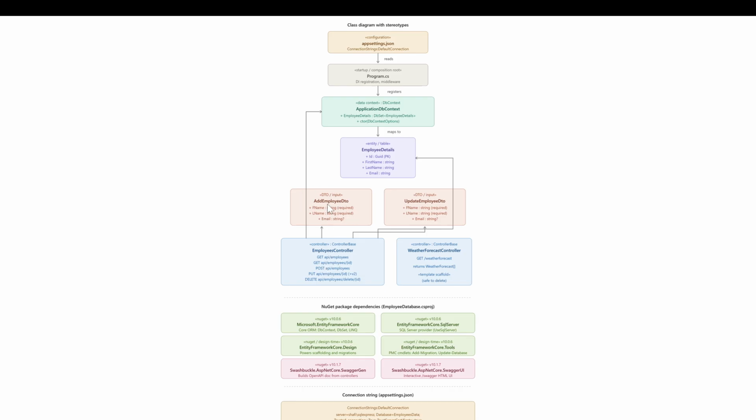The reason I'm creating these classes separately, rather than directly accessing the EmployeeDetails class for the fields, is that we don't want to expose the fields directly to the user for security reasons. There's a chance hackers can manipulate these fields and perform some actions.